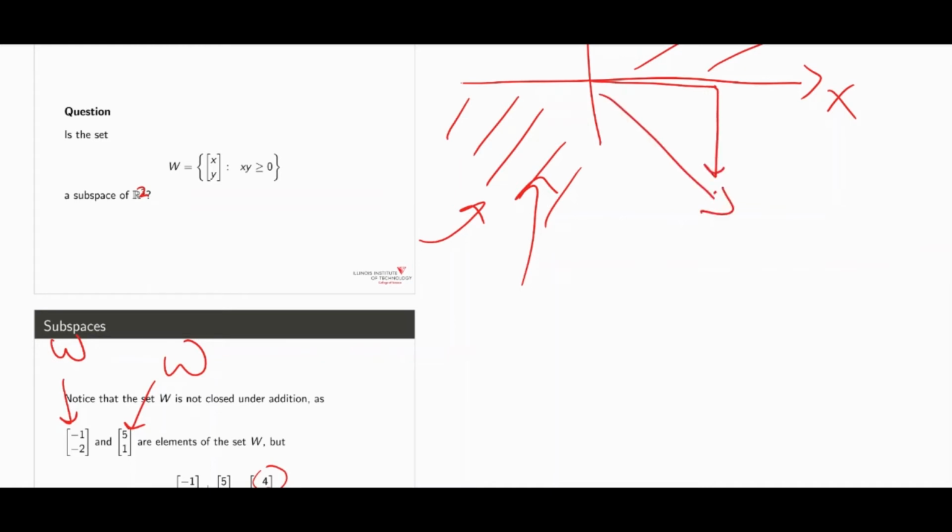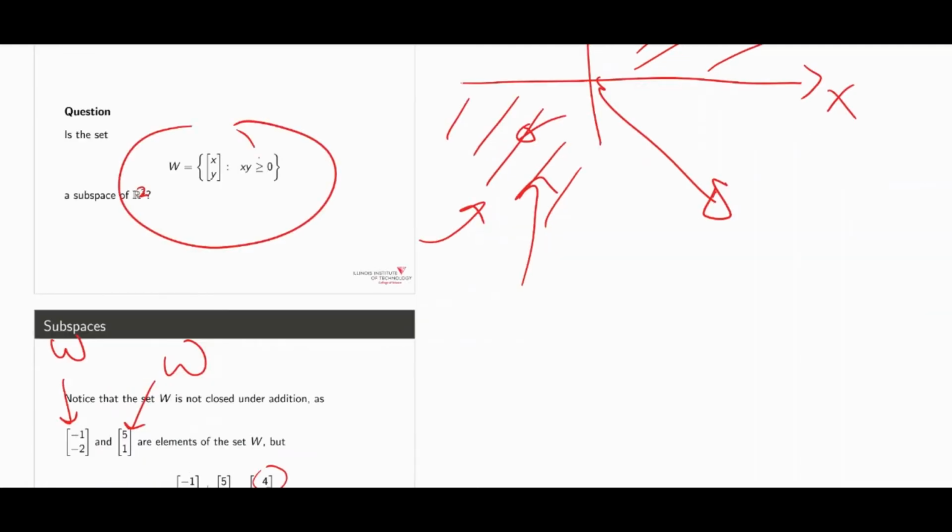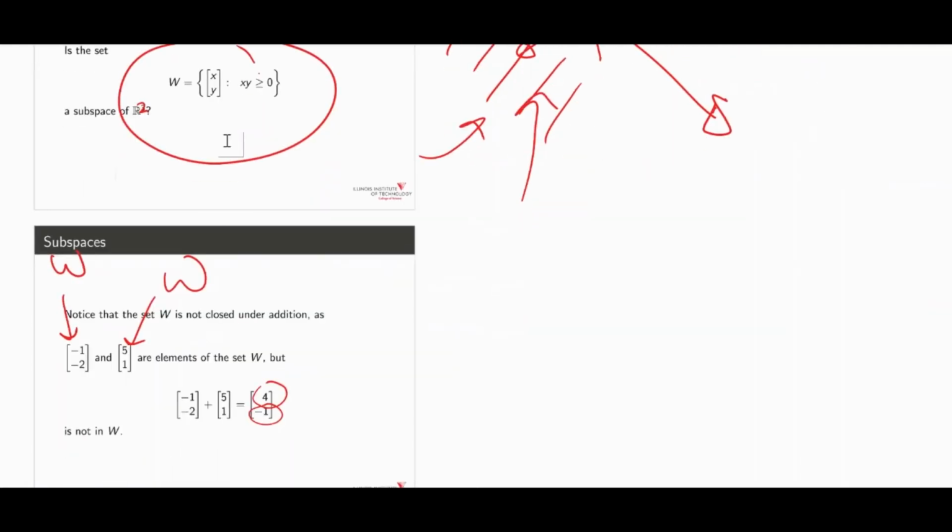So you can have two vectors that are in W, but the sum of those two vectors does not go back to the set W. So this is an example where the set is not closed under addition.